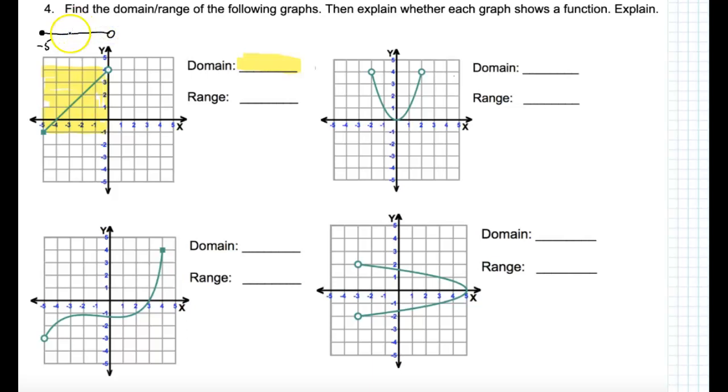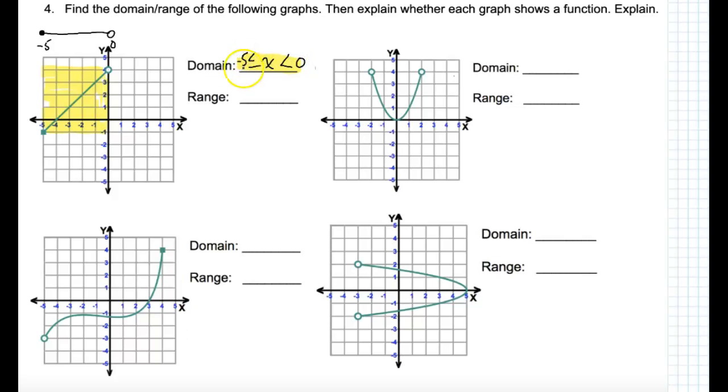This is our domain. These are our x, all the possible x values. It doesn't include 0, but it goes right up to it. So we are in between. So our x values are less than 0, greater than or equal to -5.